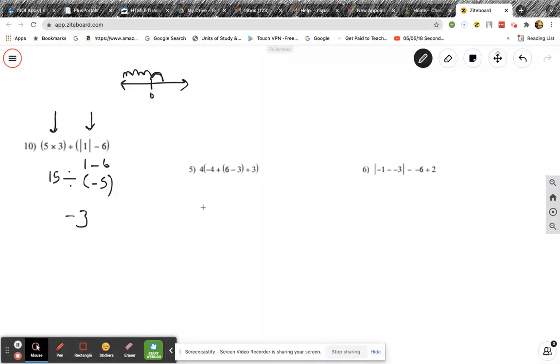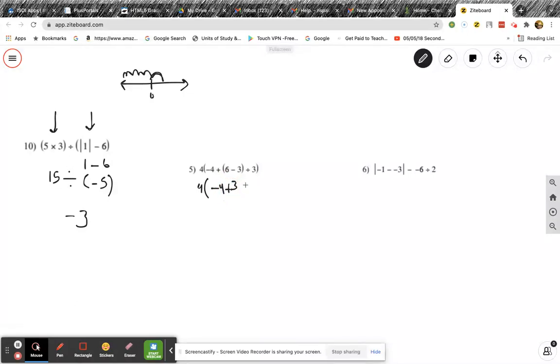For number 5, I'm going to start inside the parentheses, and you notice you have another operation inside the parentheses. So I'm going to do that operation first. So I write down everything else, and I do 6 minus 3, which is 3.